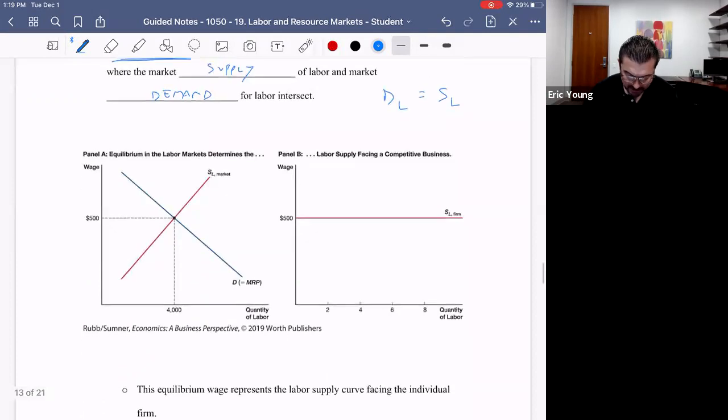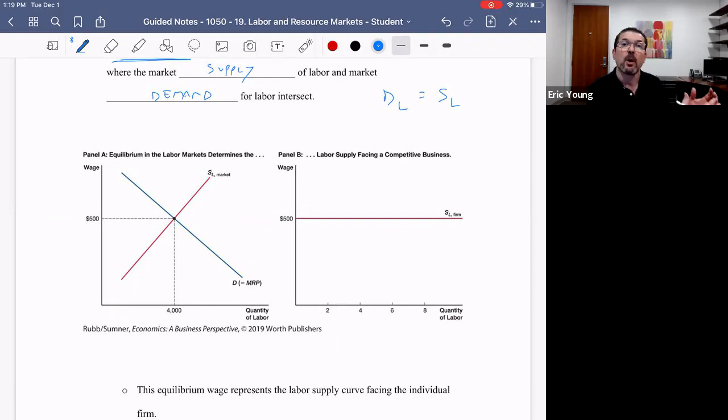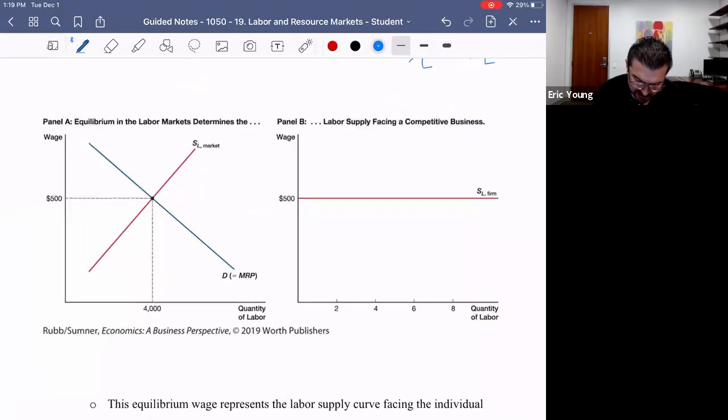And you see it right here. Notice that we're talking again about a competitive market, and therefore, much like the PC firm in the product market was a price taker, the competitive firm in this labor market is also a price taker, in this case, a wage taker. Okay, let's break this down, make it a little bit bigger so you can see it.